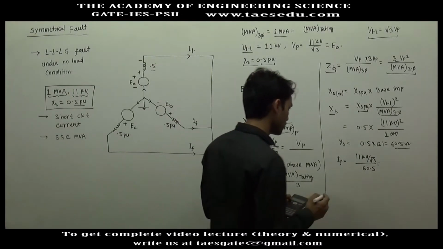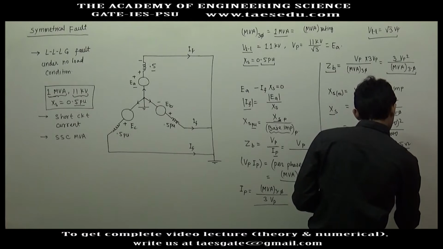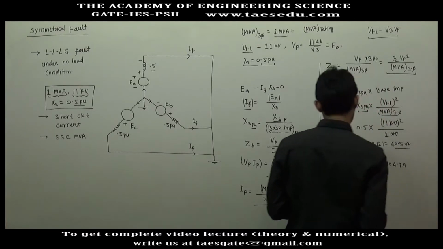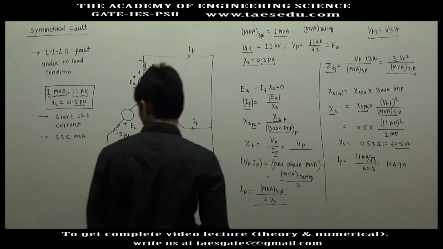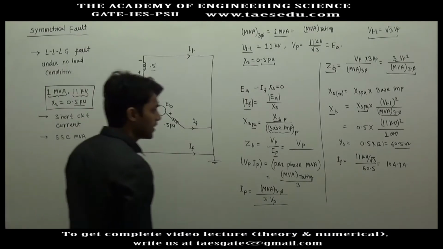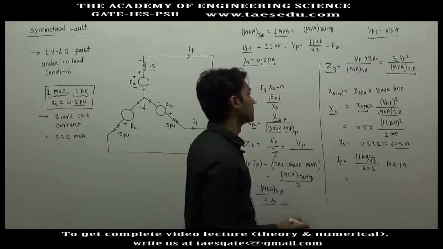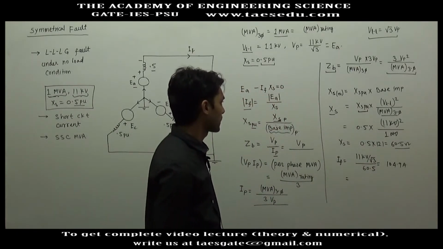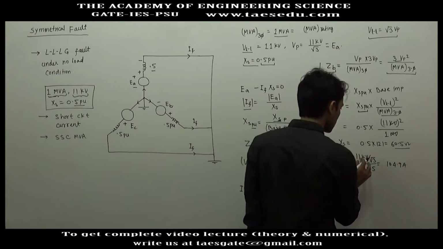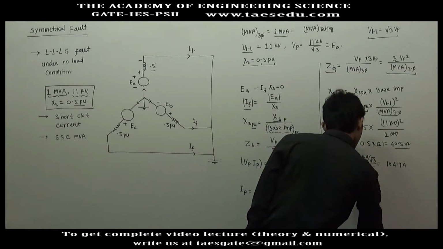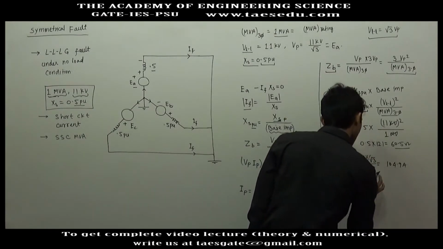This will give you 104.9 ampere. Okay, and let us also write the value of fault current in terms of variables. IF is the phase voltage divided by per phase impedance.